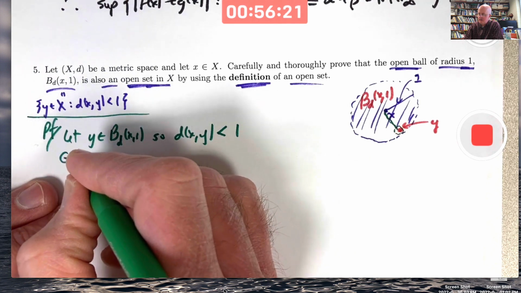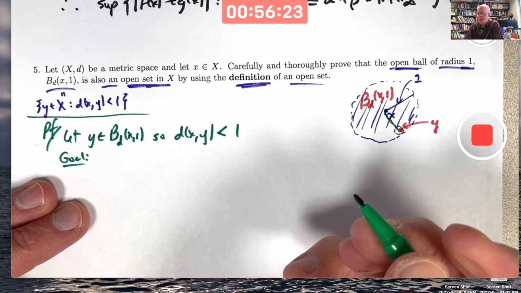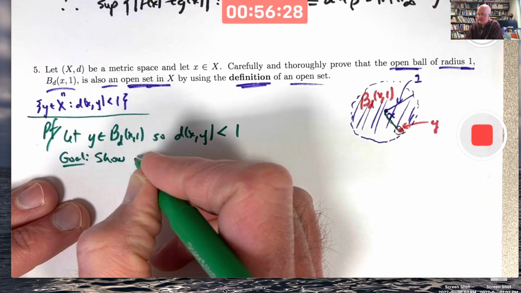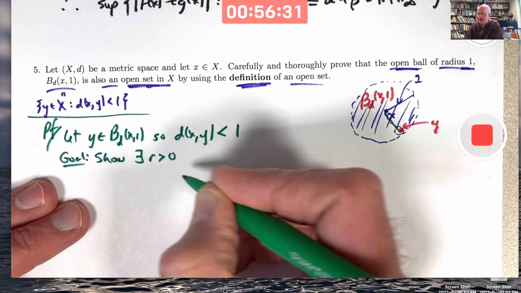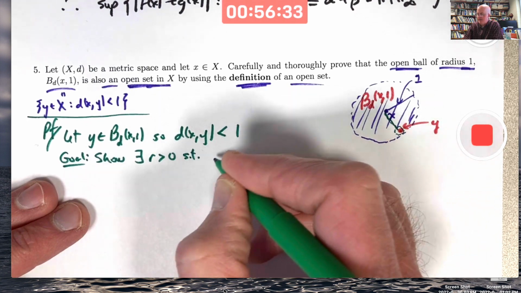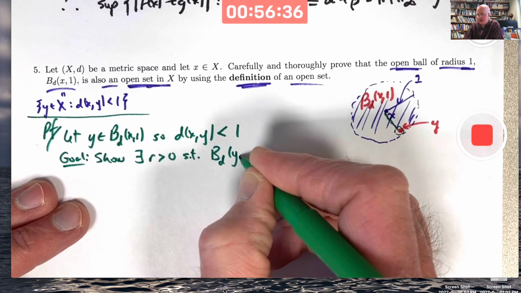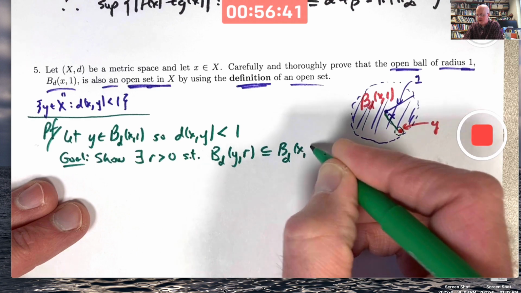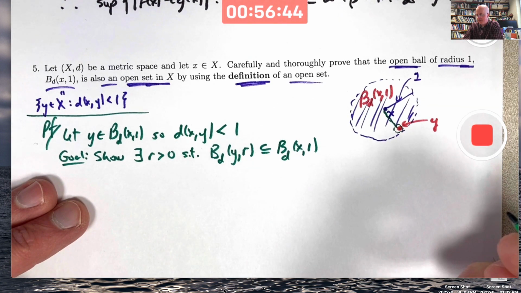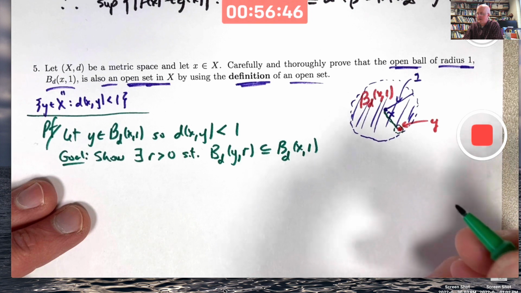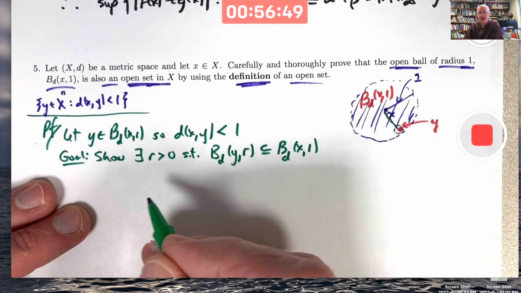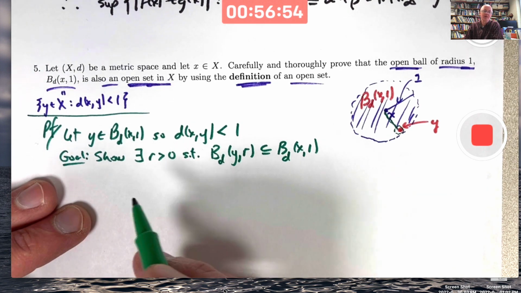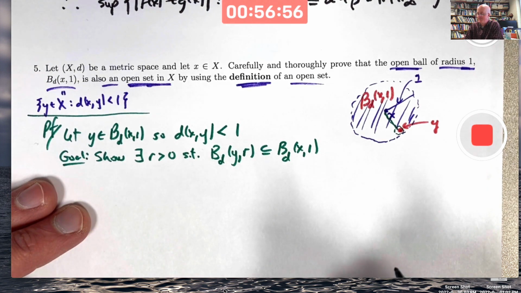Our goal is to show y is an interior point of the open ball, which means we want to show there exists a positive radius r, such that the open ball centered at y of radius r is entirely contained inside the open ball of radius 1 centered at x. That'll mean y is an interior point of the open ball of radius 1 centered at x, which will, since y is arbitrary, mean every point in that open ball is an interior point of it, which will mean it's open, as an open set.